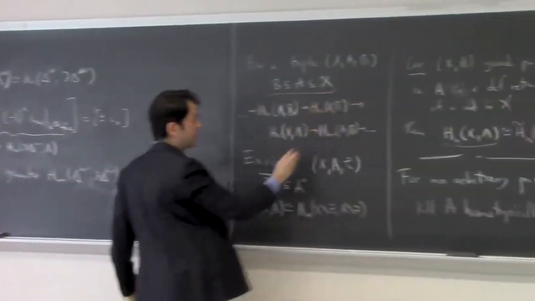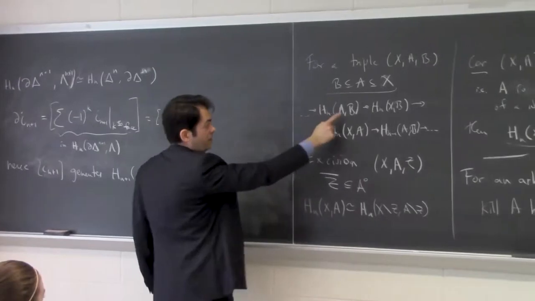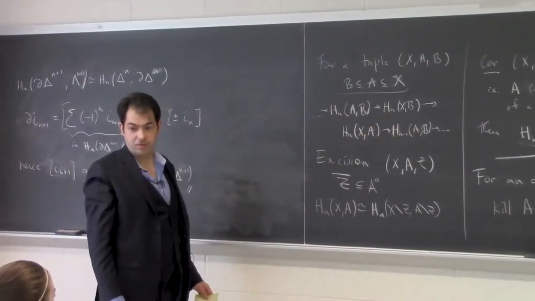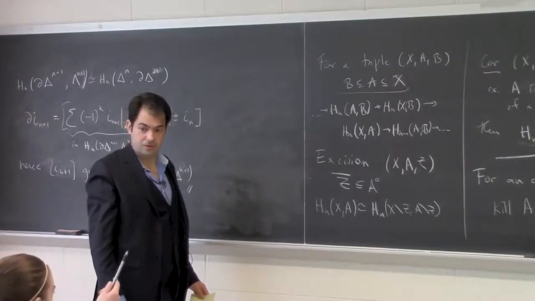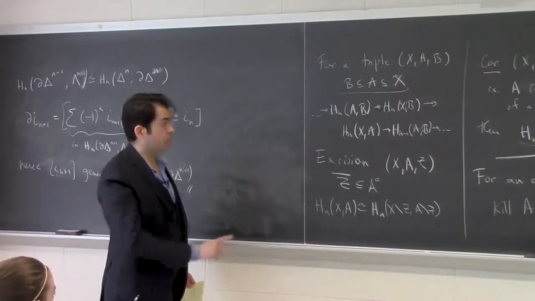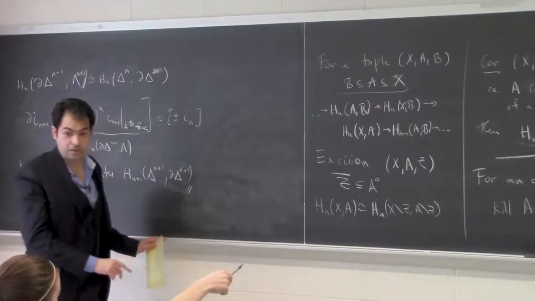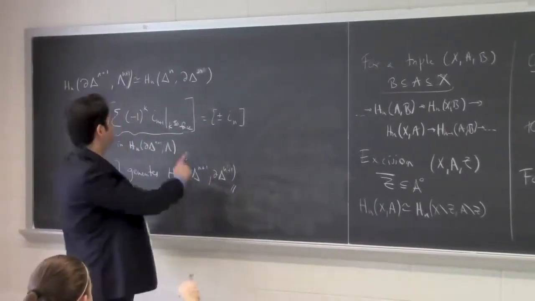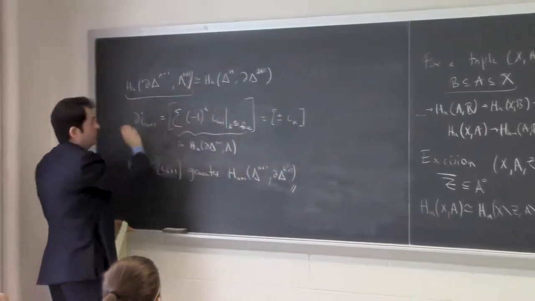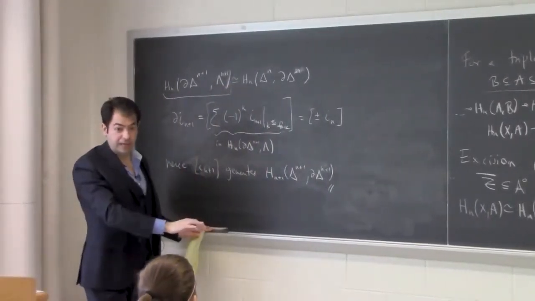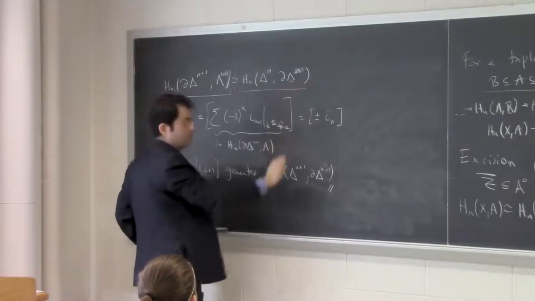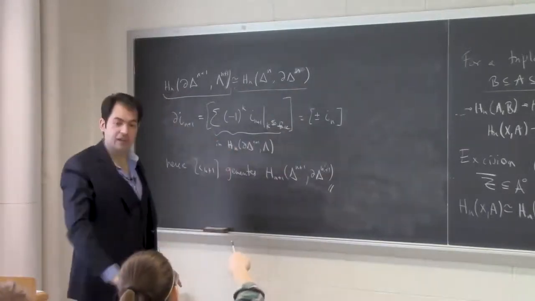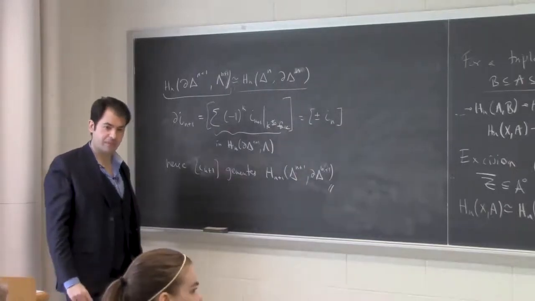Right, when you have B inside A inside X, then you have pairs, but the pairs change. Right, but it's still like x, a, and b, right? That's right. And then you would go down to h n minus 1 and h n minus 2, but you'd still be using like a, x, and b. Absolutely. So this is what shows up in the long exact sequence of a triple, and we're just noticing that it's equal to this. Okay. That would not be in this different long exact sequence. Exactly. Yes. Okay.